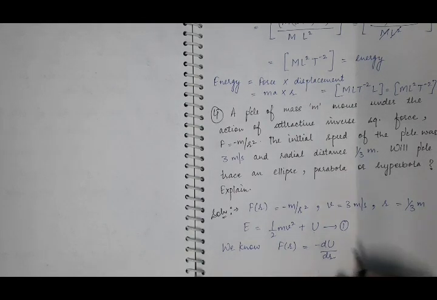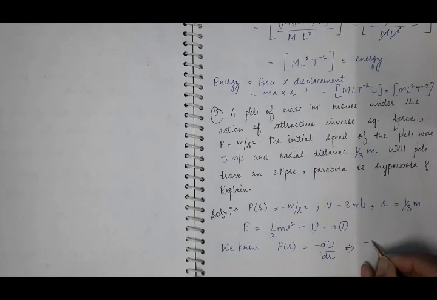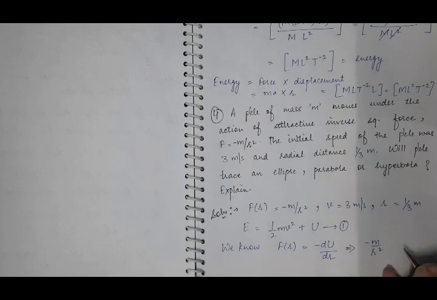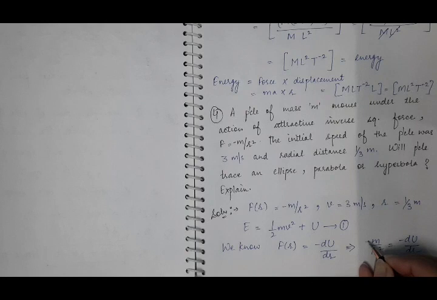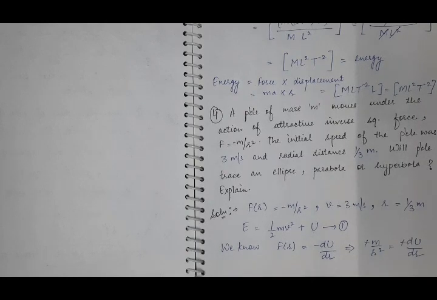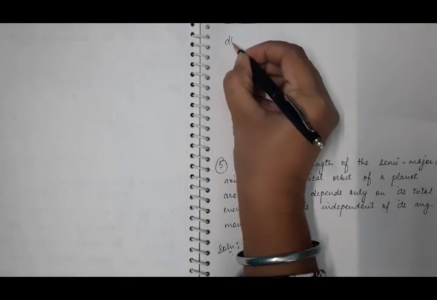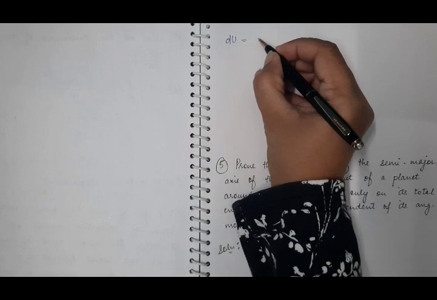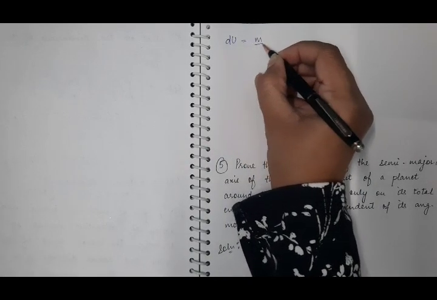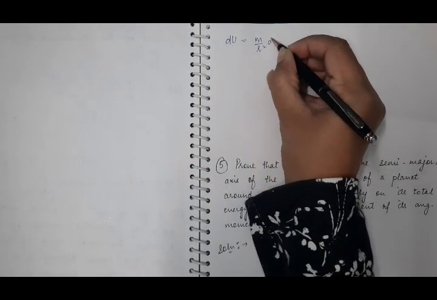And this Fr is minus m by r square. It is equal to minus dU by dr. Minus and minus will cancel out. Move this dr to this side. So we have dU is equal to m by r square dr.